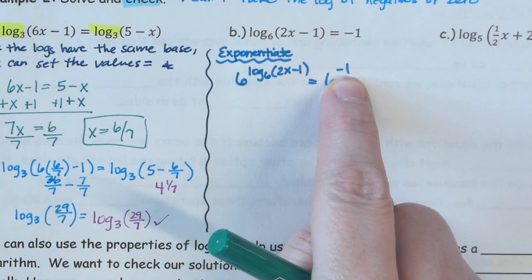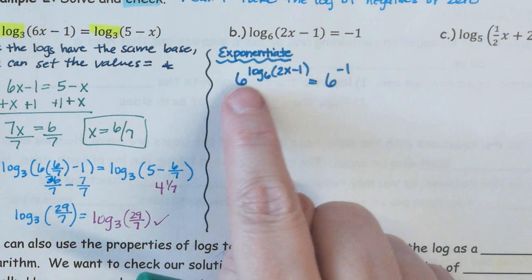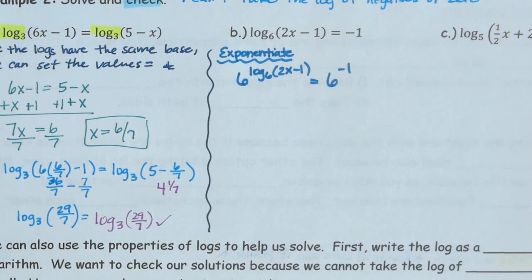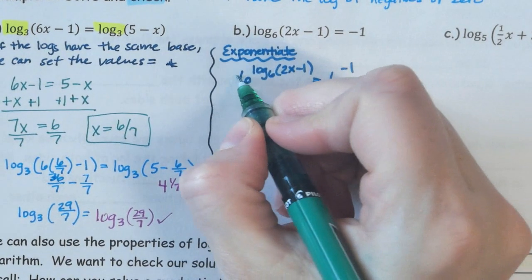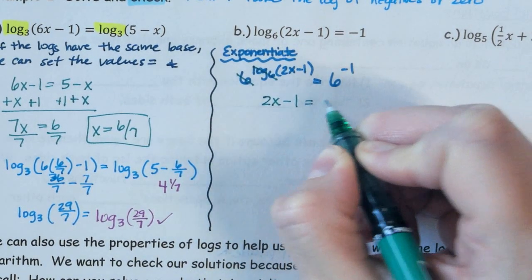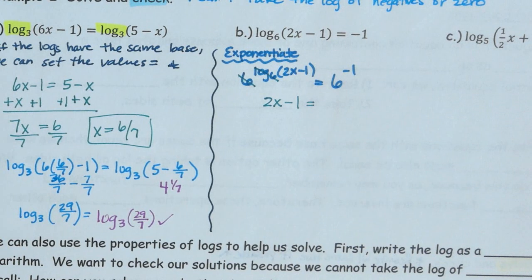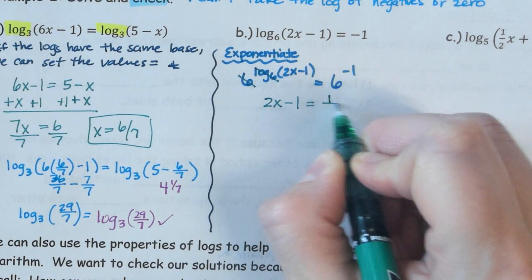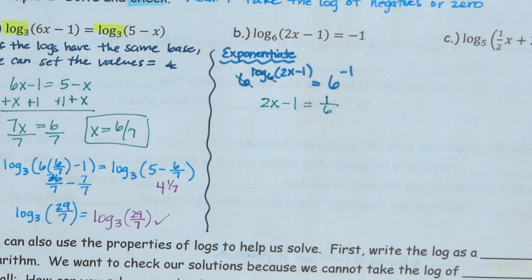The reason why we would write that is because what happens with 6 in log base 6? Yeah. So they would cancel, and then you would be left with 2x minus 1 equals, what's 6 to the negative 1? Yes. And then you would solve from here. Okay? So that's option 1.